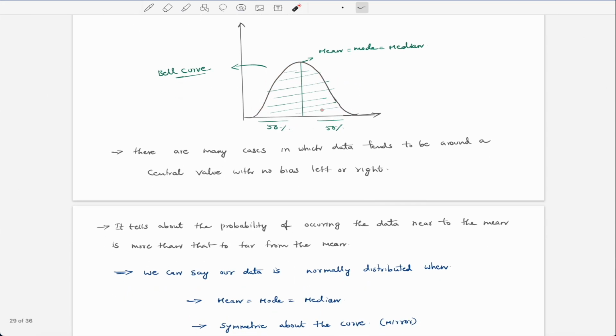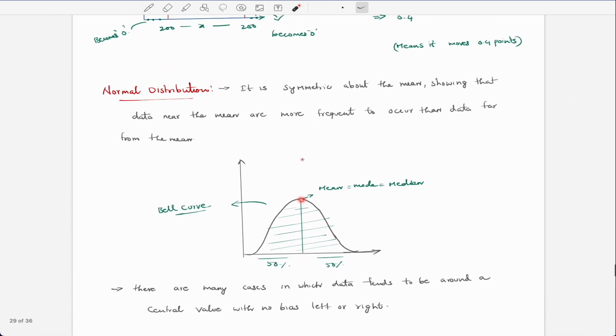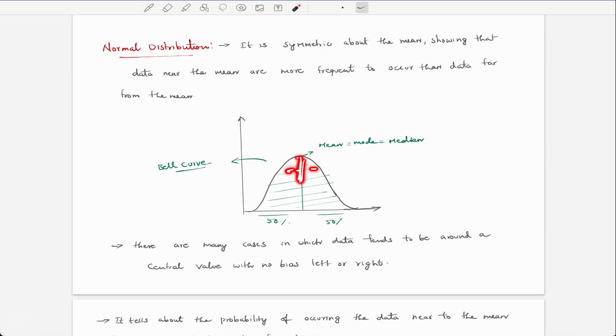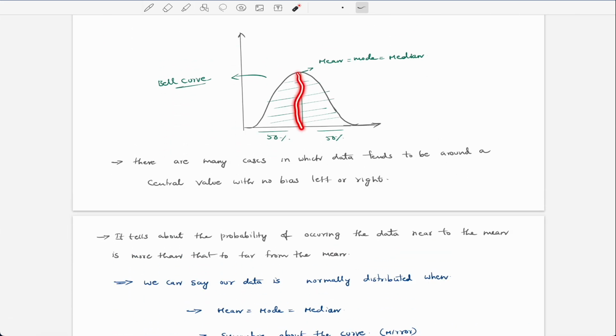There are many cases in which the data tends to be around a central value with no bias to the left or right. It tells us the probability of the data occurring near the mean is more than that far from the mean. I hope you understand this.